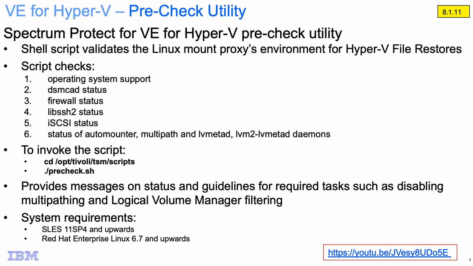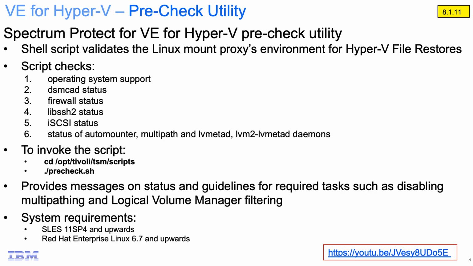This is going to be a script, and the script goes out there and checks the operating system support, the CAD status, firewall CAD status, libssh2 status, iSCSI status, and the status of all of the daemons that support Hyper-V file restores on this Linux mount proxy.